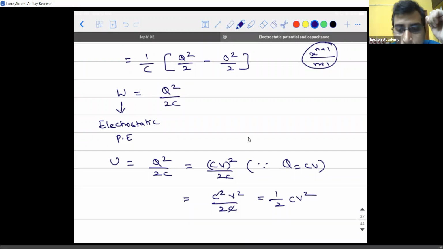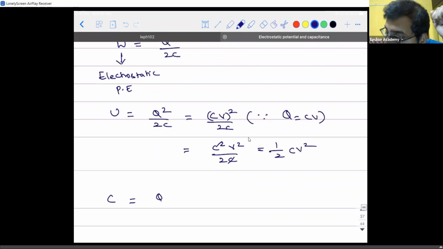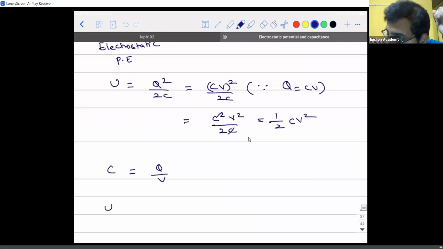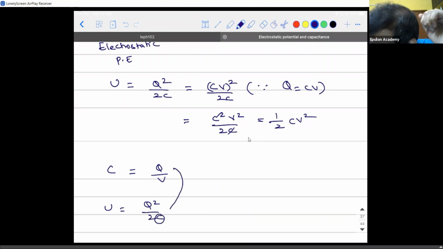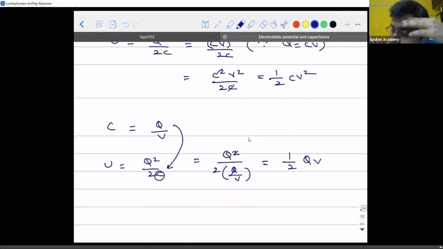There's another formula. What is the other way in which you can write? You can write C is equal to Q divided by V. So when U is equal to Q square divided by 2C, in the place of C, I will substitute Q divided by V. So Q square divided by 2 into Q divided by V. Q and Q will get cancelled. You will get half into Q into V. So what are the three formulae, guys?